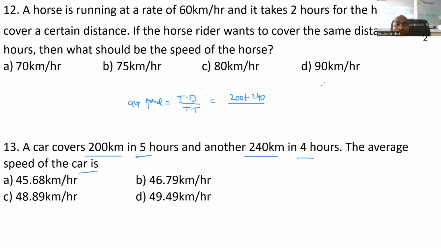Time equal to, we know the distance with speed. 200 by 5 plus 240 by 4. So 200 plus 240, 440 by, 200 by 5 is 40 and 240 by 4 means 60. 440 by 100. Nothing but 4.4. Answer is nothing but how much? 4 point.